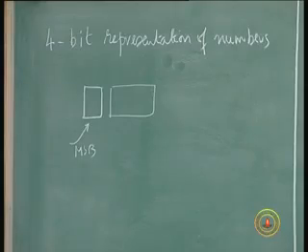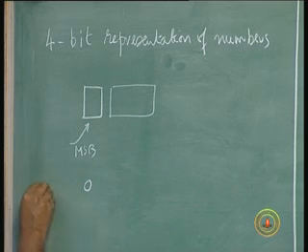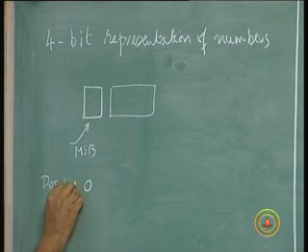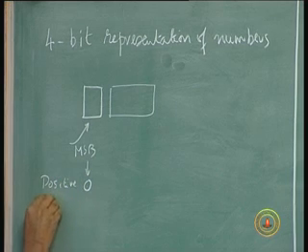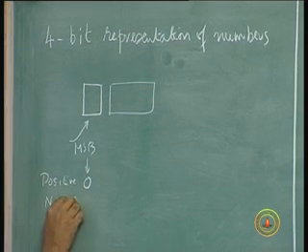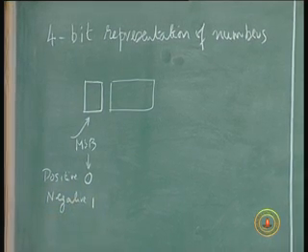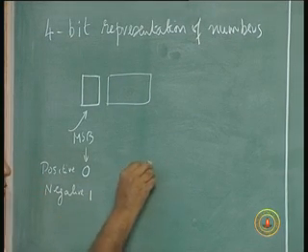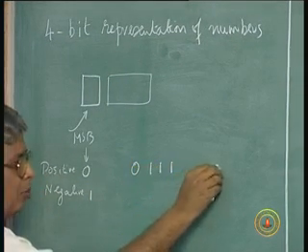In addition to that, there is a sign bit. So if 0 is positive, 1 is negative, the maximum positive number is 0 1 1 1, which is plus 7.